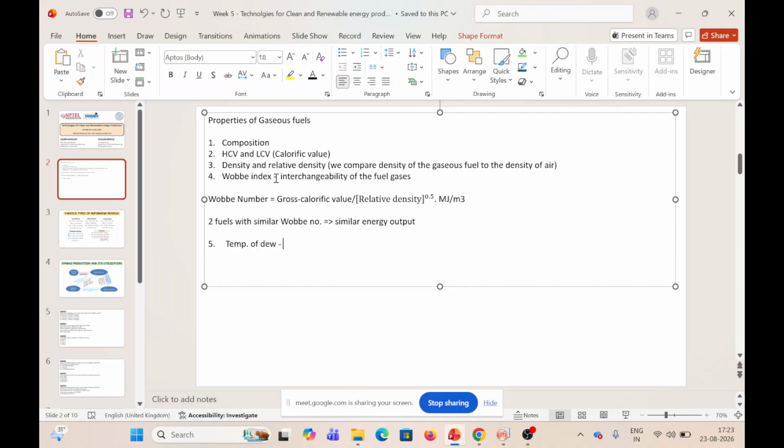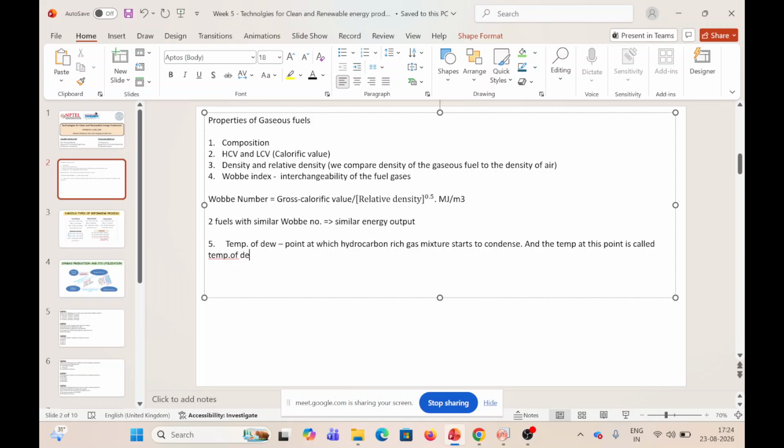So dew, in the case of gas industries or gaseous fuels, means the point at which a hydrocarbon rich gas mixture starts to condense, and the temperature at this point is called the temperature of dew.